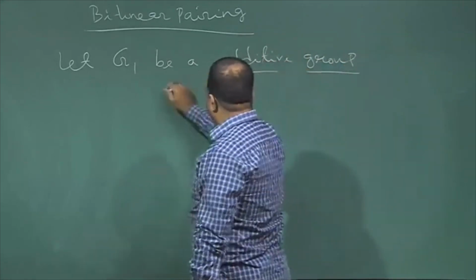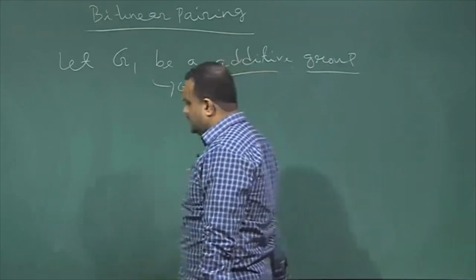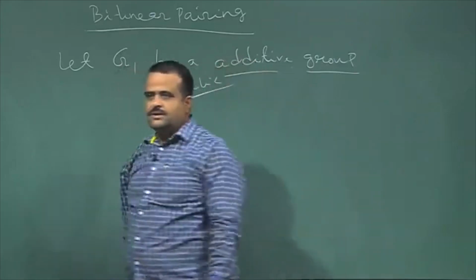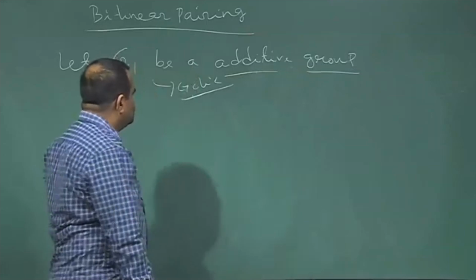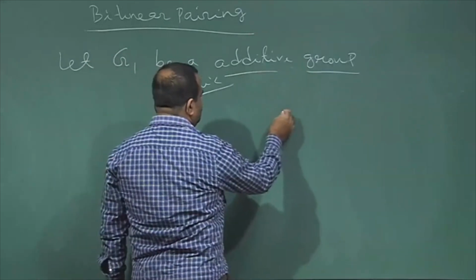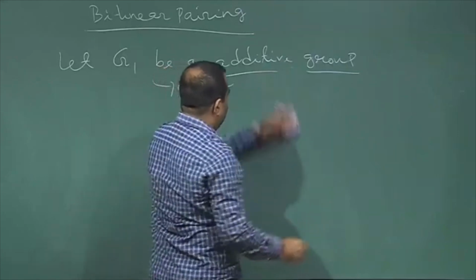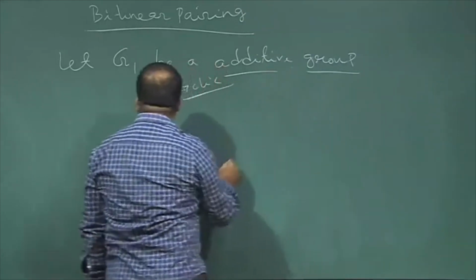And it is a cyclic group also, but the operation is in the additive sense. So, that means our operation is like, if we take 2 elements from G1, so it is a cyclic group.